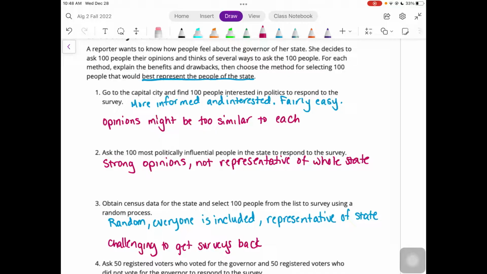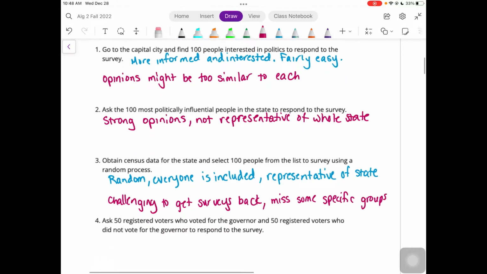You might also miss some specific groups, or some minorities with strong opinions, but everybody did have an equal chance of being selected.